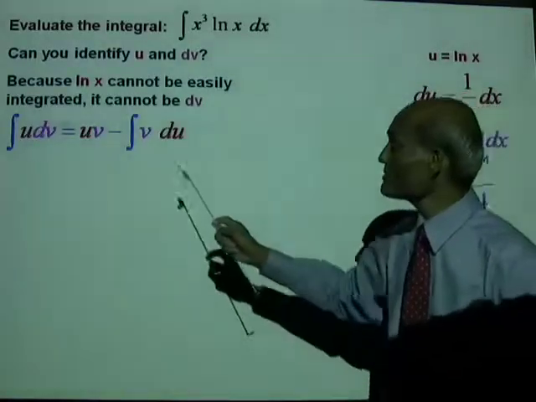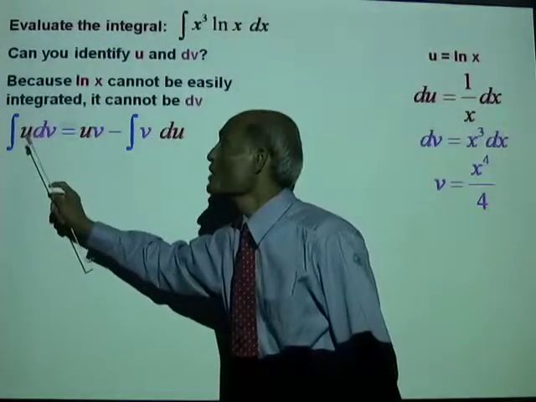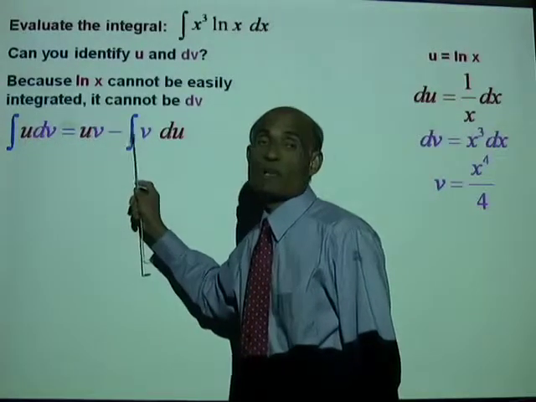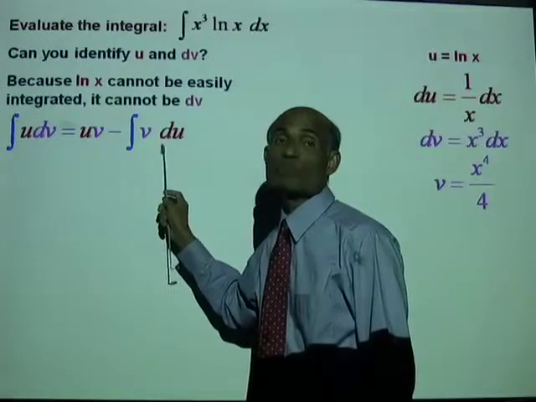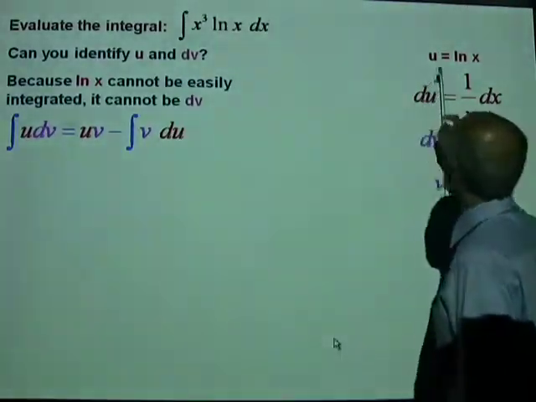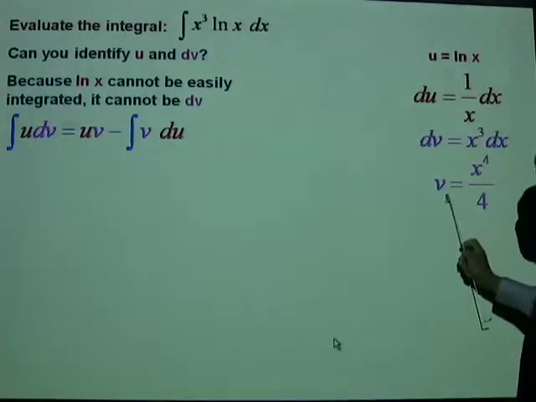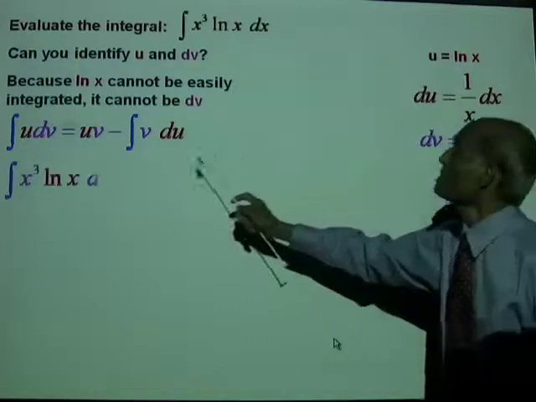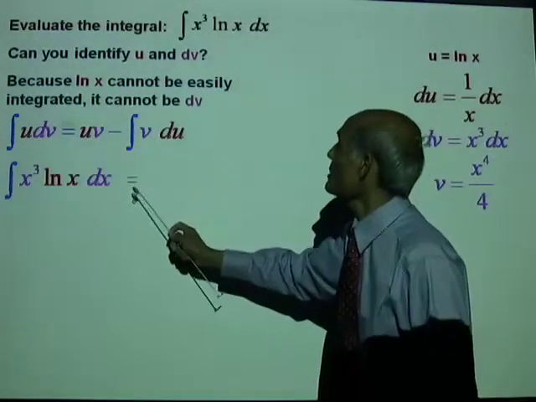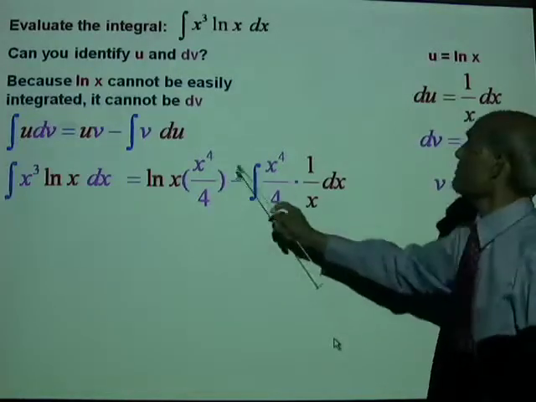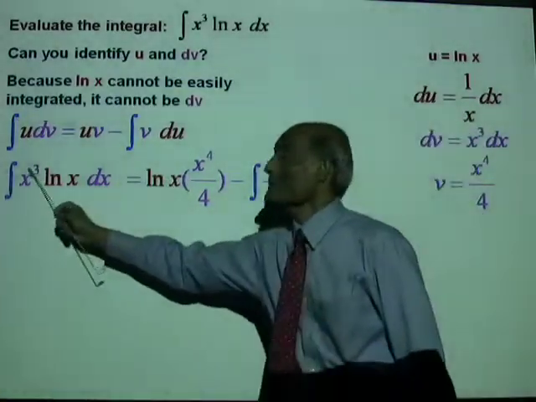What is the form of the integral? Integral u dv is u times v minus integral v du. So u times v, u is ln x, v is x to the power of 4 over 4. So u times v will be ln x times x to the power of 4 over 4. Is that right?